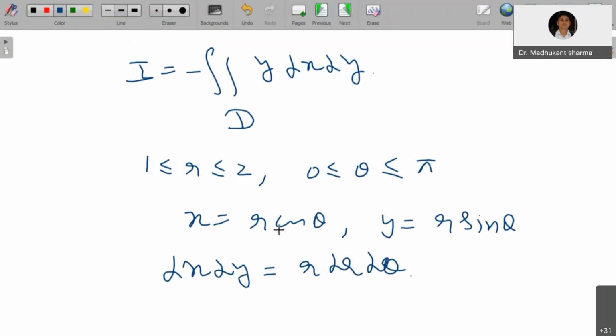So there are various ways to solve this integral. You can verify by any one of these. I will do it this way, and you can verify by the other one.